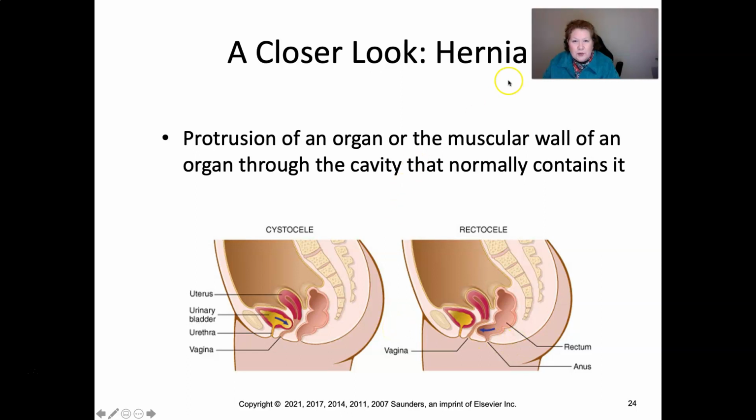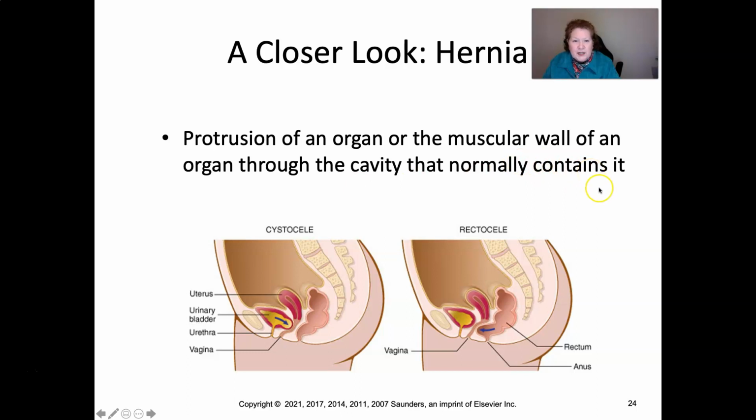Okay, so let's take a look at what a hernia is. I mentioned those earlier. Sometimes you get what is called an inguinal hernia or an umbilical hernia. And a hernia is a protrusion of an organ or the muscular wall of an organ through the cavity that normally contains it. And there's different reasons why you can get a hernia.